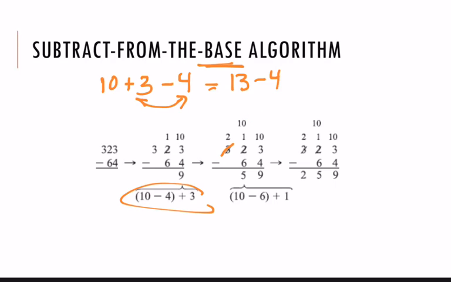So in the standard algorithm, you would add this first and think of this as 11 minus 6. Now in the subtract from the base, you do the subtraction first before the addition. So you're going to do 10 minus 6, and then go back and add the 1. Okay, 10 minus 6 is 4, 4 plus 1 is 5. And then finally the hundreds column, 2 hundreds minus 0 hundreds is 2 hundreds.